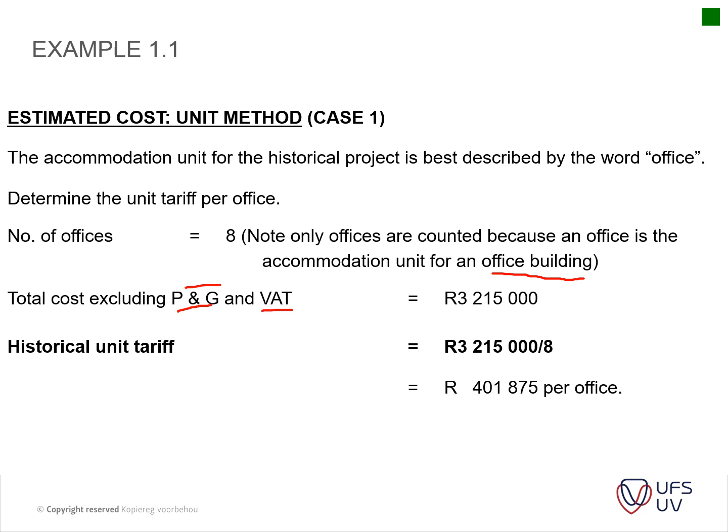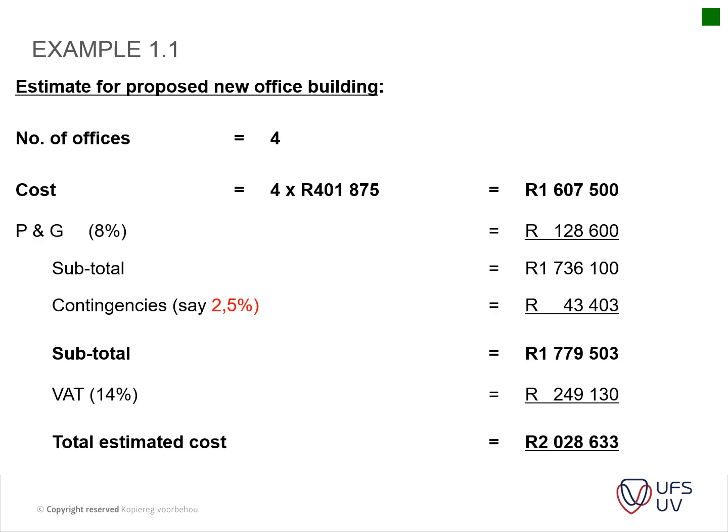So your historical unit tariff is basically just this amount divided by 8. So you get your unit tariff of 401,875 Rand per office. Okay, so very straightforward for now. Now the estimate for the new building.